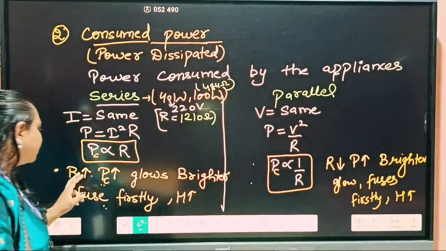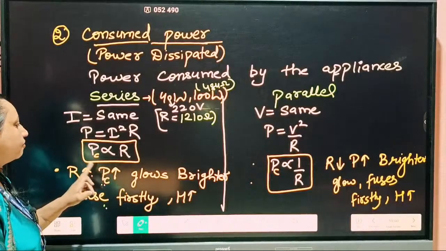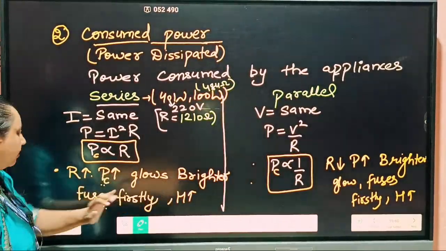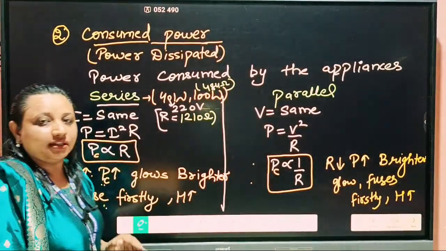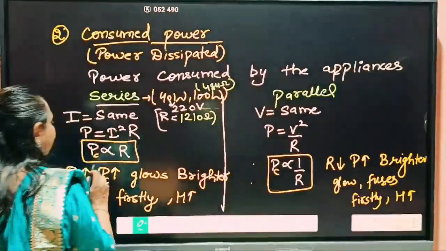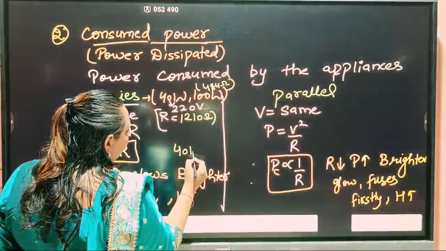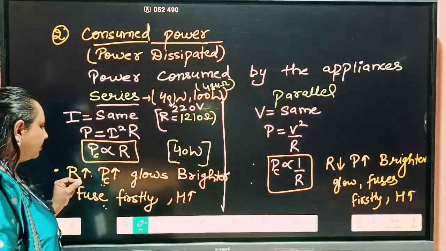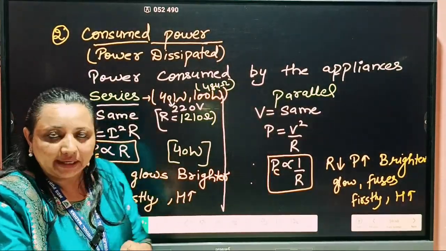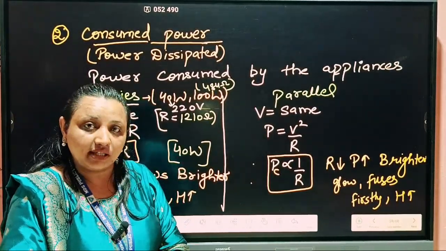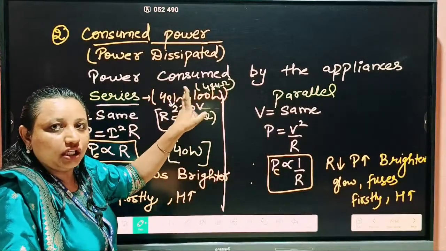The device which has higher resistance has higher consumed power. It glows brighter, it fuses fast, and it produces a greater amount of heat energy in comparison to the other electrical appliance. So in this case, the 40 watt bulb, which has higher resistance, glows brighter, produces a greater amount of heat energy, and fuses fast between these two.